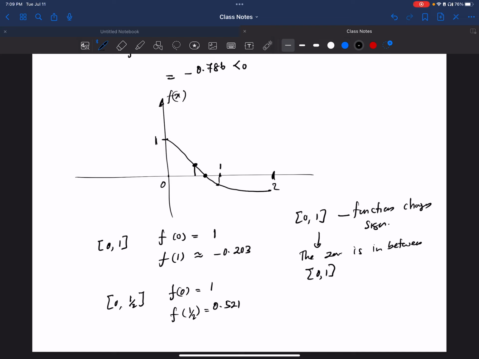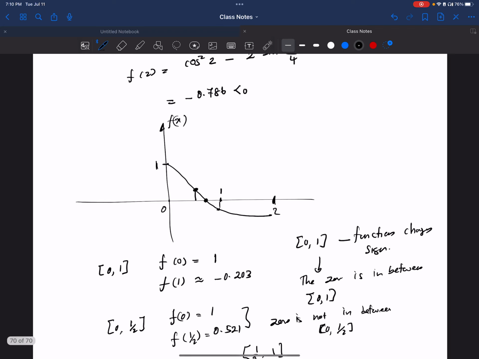So 0 is not in between 0 and half. So it is not in this interval. So which interval is the 0 in? 0 is in the half to 1 interval, right?